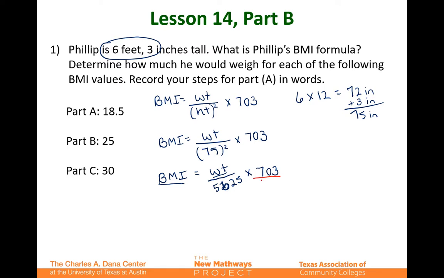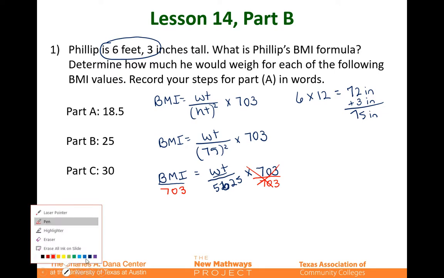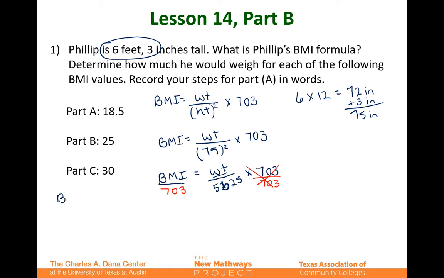I'm going to divide by 703. Notice that's going to make this go away. So now I have a formula that looks like this. The BMI over 703 equals the weight over 5625.